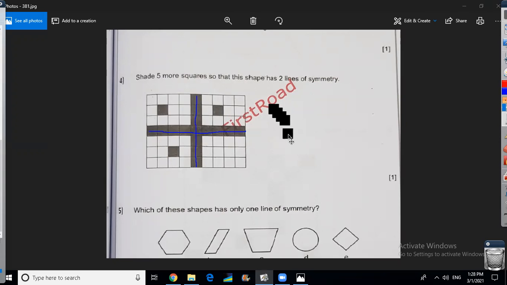So I'm going to do this. Here it is. This is 2 squares. Look at this shape here. It is until the mirror, it's 1, 2, then the mirror. So after the mirror, I want 1, 2, then shade. Look at this again. From the mirror, it is 1, 2, then shaded. Then the other side, it is 1 square, 2 squares, then shade. So this part here must be shaded.